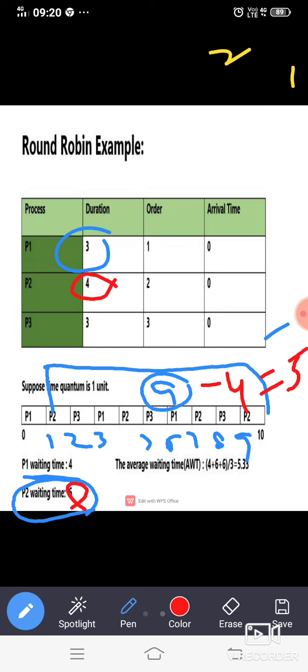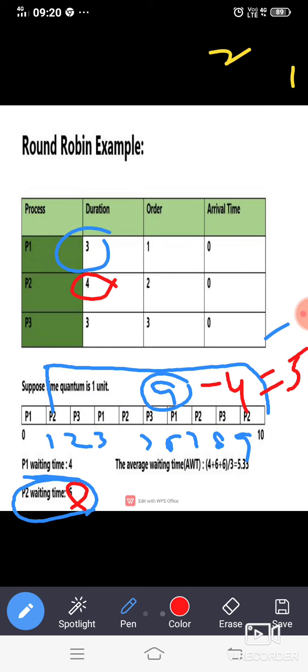Let us see what this is. P2's waiting time is 6. Why? Where has P2 actually ended? From 1 to 10, right? If you go for P1, what is the 0 to 6? Just now we have calculated, sorry, 0 to 5.